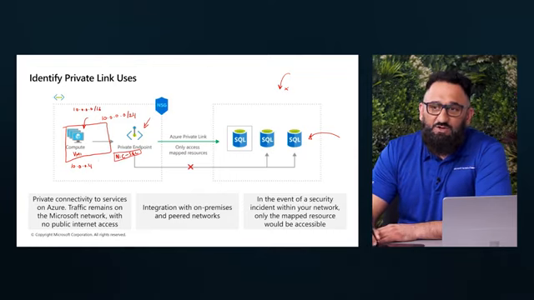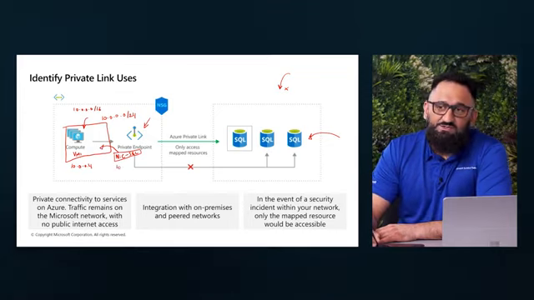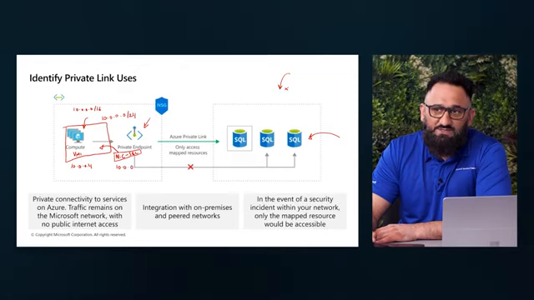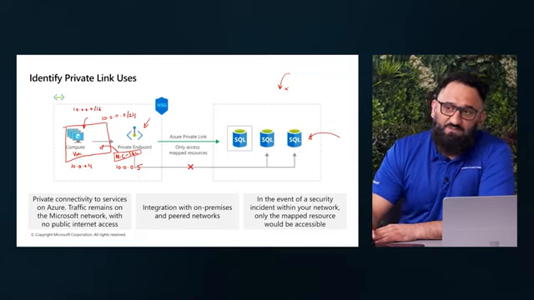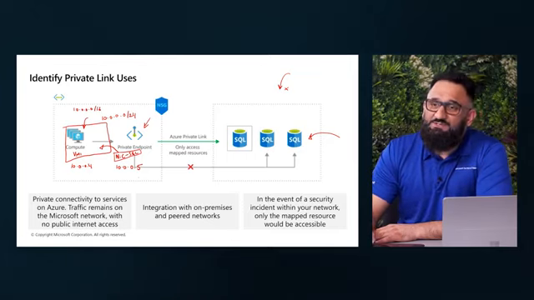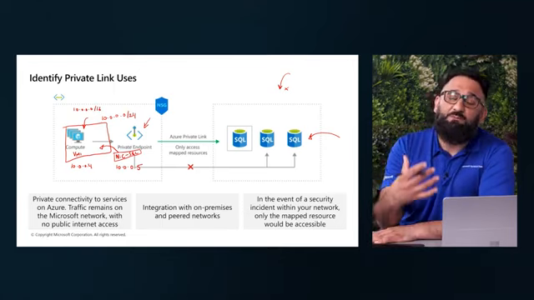Then in that scenario, it will drop this network interface card into this subnet for me, giving the network interface card an address that matches the same range of where my resource exists, picking up the next available IP address, 10.0.0.5. In doing so, I'm bringing the connection private to that resource type.